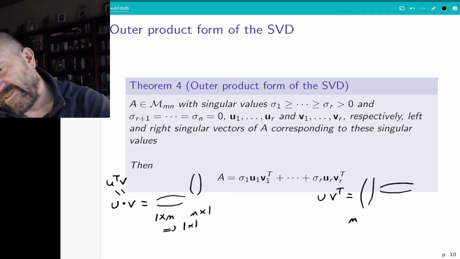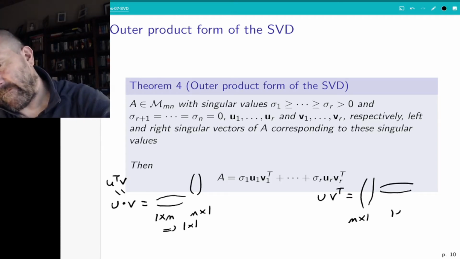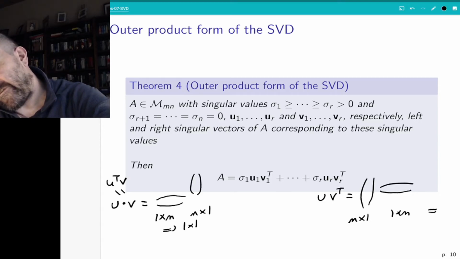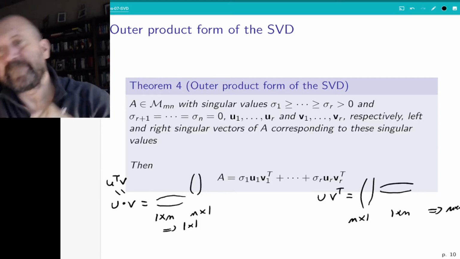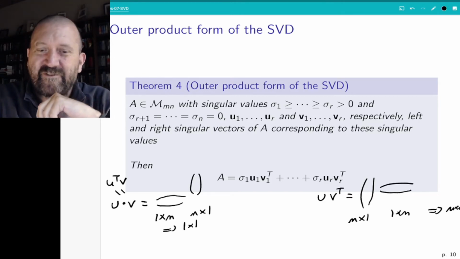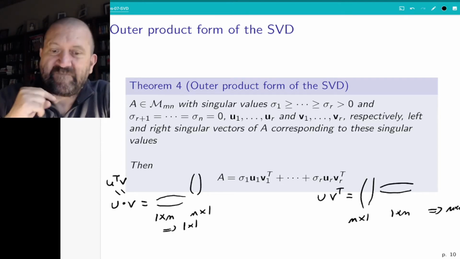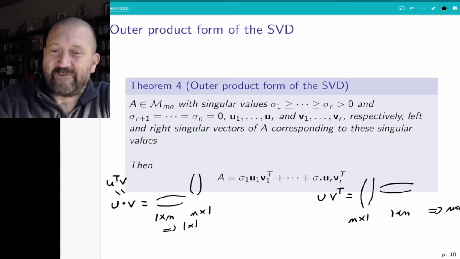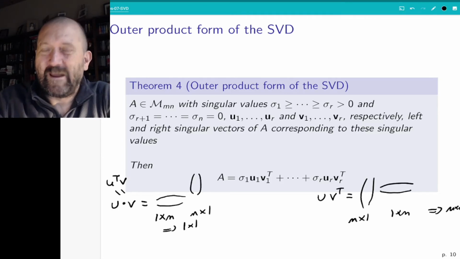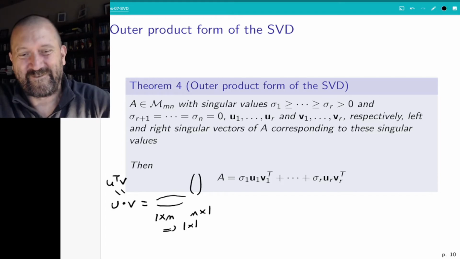So this is n by 1, and this is 1 by n. So that means my result is n by n. Of course, I should point out that the vectors are not n by n. So maybe let me stress this.